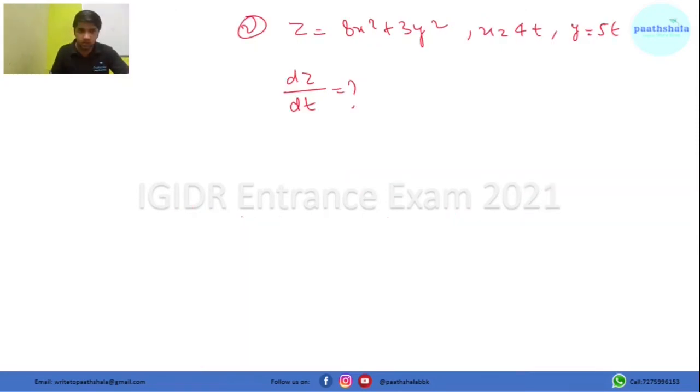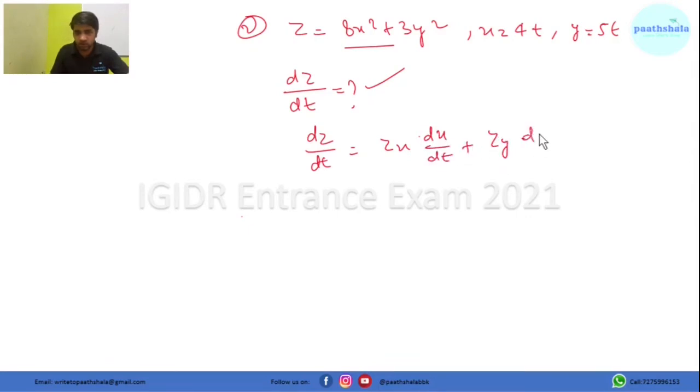So this will be your answer. Now let's move to the next question. In this question we have z equals 8x square plus 3y square, where x equals 4t and y equals 5t. Now we have to find dz by dt. So dz by dt will be equals to zx into dx by dt plus zy into dy by dt.